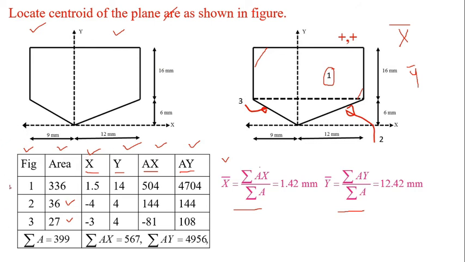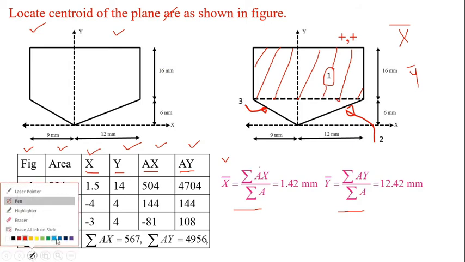This is figure number 1. We are talking about figure number 1, X and Y. So let us concentrate on figure number 1 only. This is figure number 1, right? Okay. And now centroid of figure number 1.